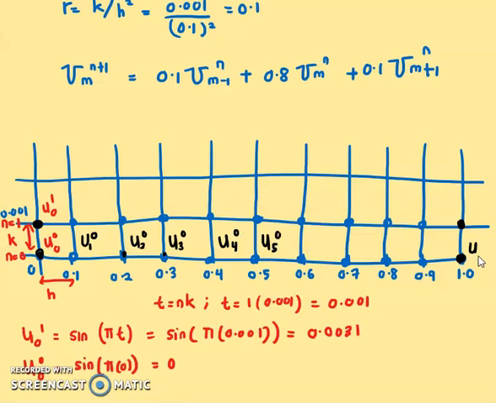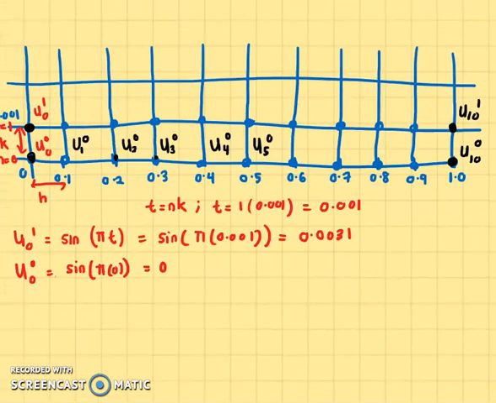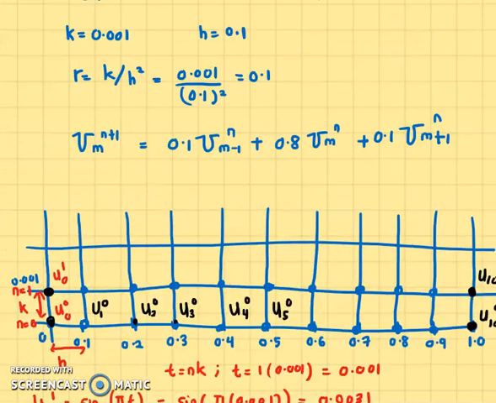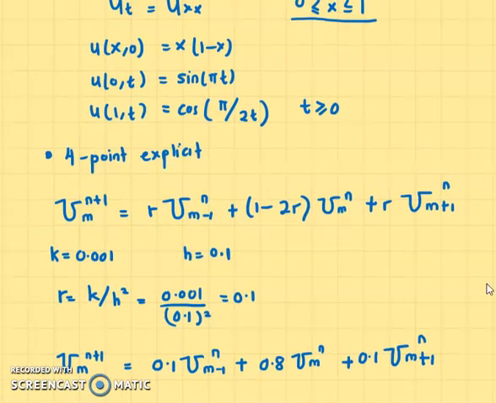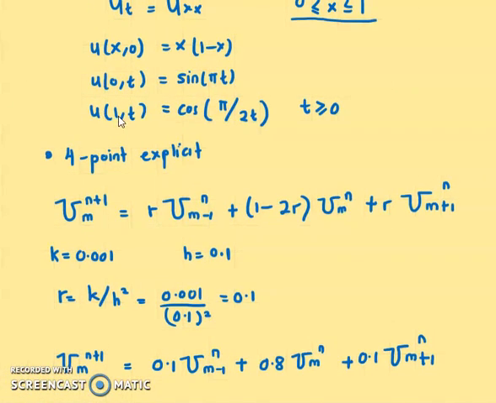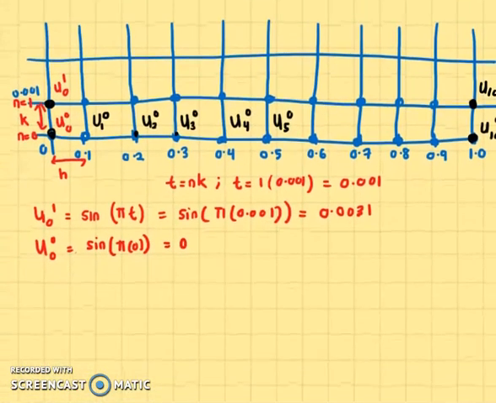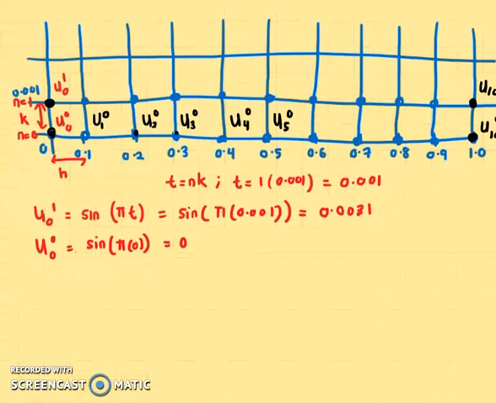So this is u 10,0, and this is u 10,1. They can be obtained by using this condition when x is 1, cos pi over 2t.